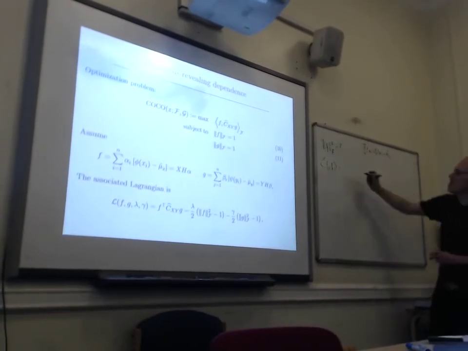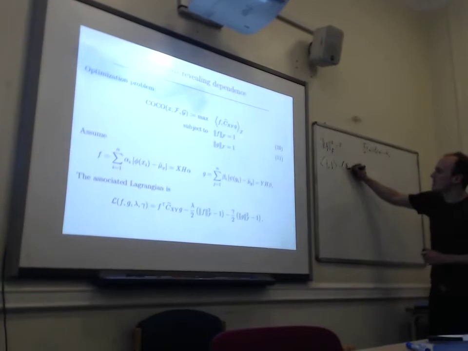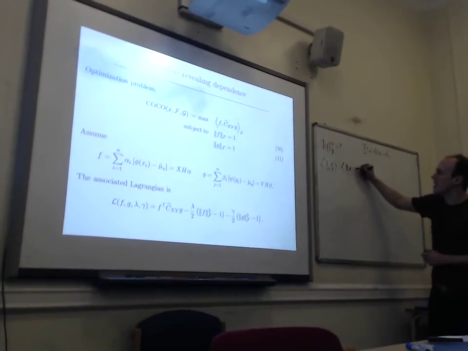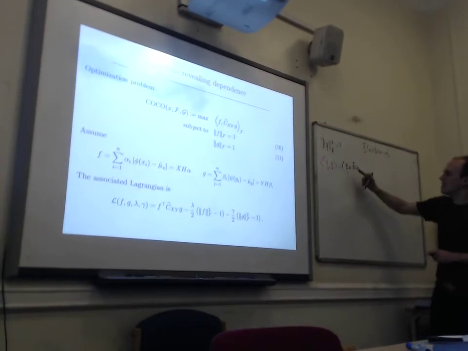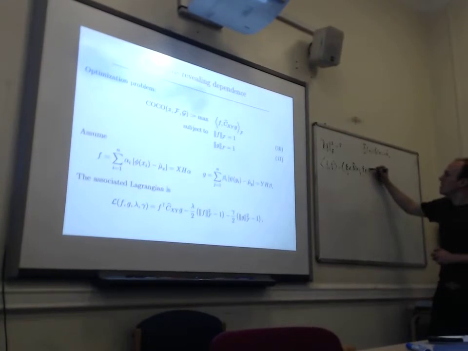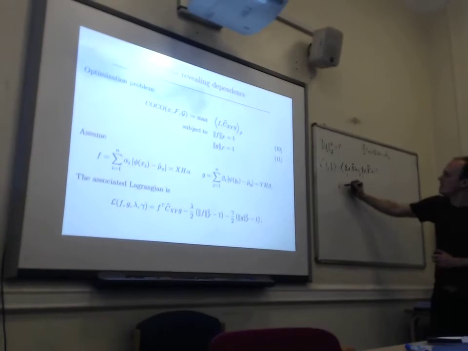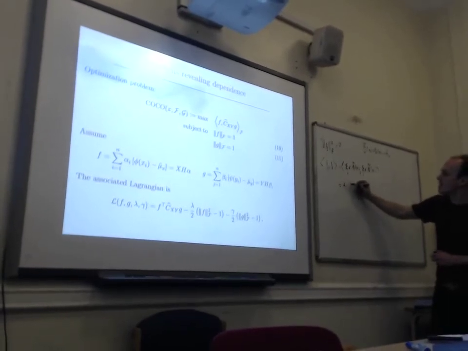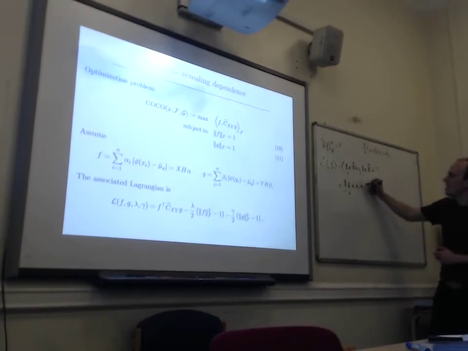So this is equal to the sum over i, alpha_i phi tilde of x_i, so it's centered, which is the sum over i, j of alpha_i alpha_j k tilde of x_i, x_j.